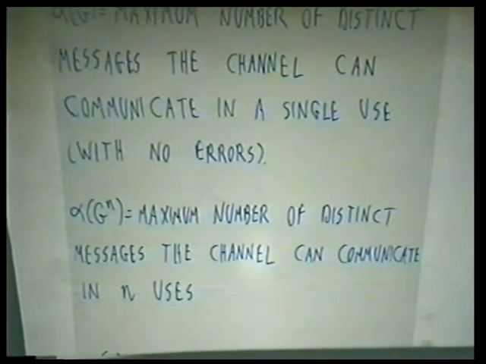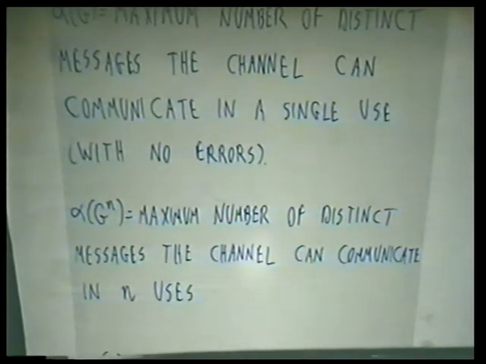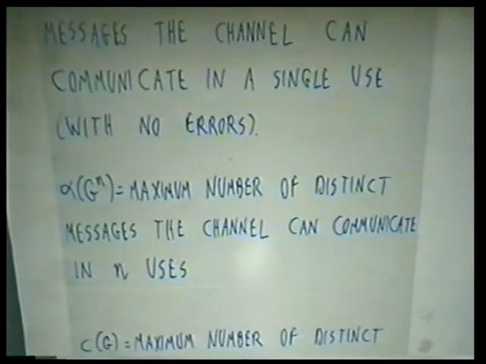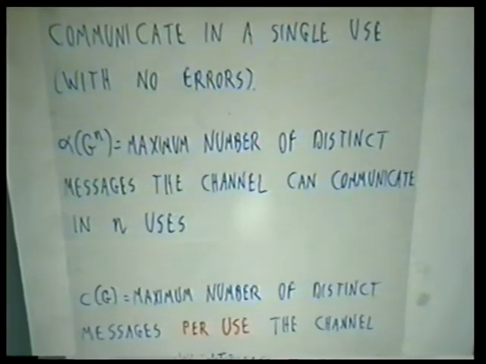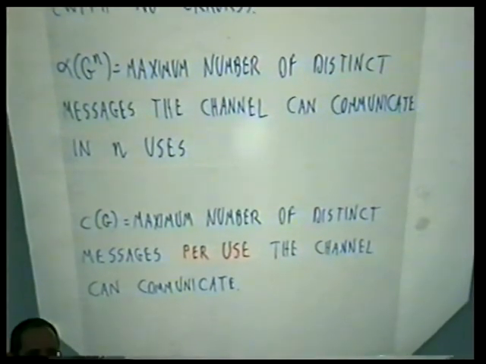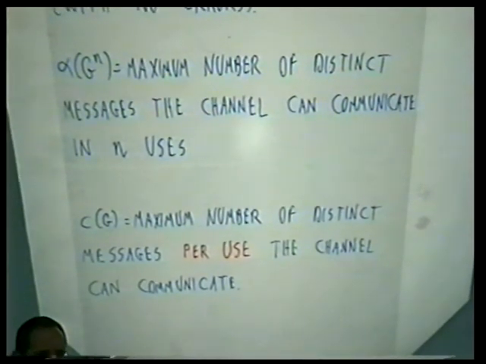Because you see, two things are confusable only if in every coordinate they are confusable. If even in the seventh coordinate they are not confusable, the seventh coordinate will tell me which one had been sent. And therefore, the right way to think about this Shannon capacity is that it's the maximum number of distinct messages per one use of the channel that can be sent when we are sending very long messages.